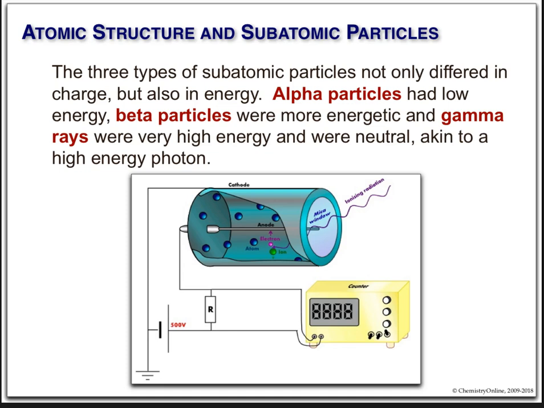You charge one side positive, and charge this electrode in the middle negative, and when a particle comes in, it's called ionizing radiation, because it has lots of energy. If it happens to hit an atom, it will ionize it, so make it positive or negative. That then allows a spark to jump from here to here, and you get the standard collector.